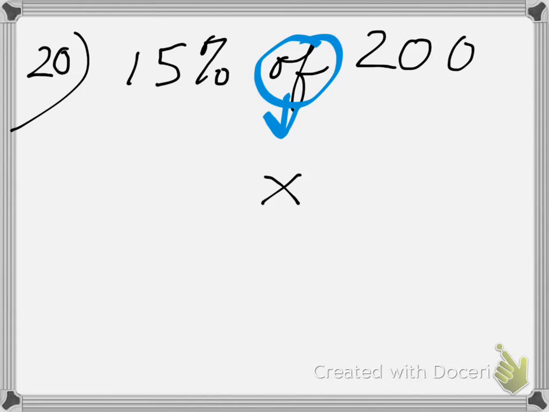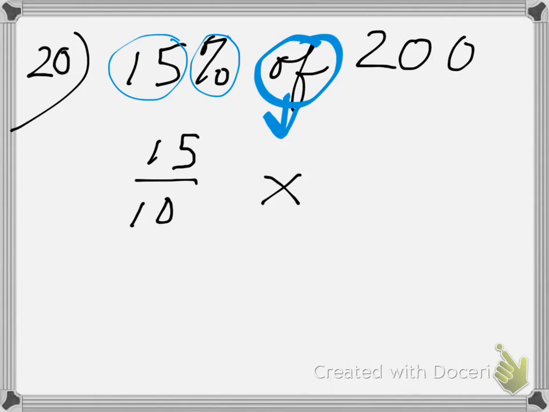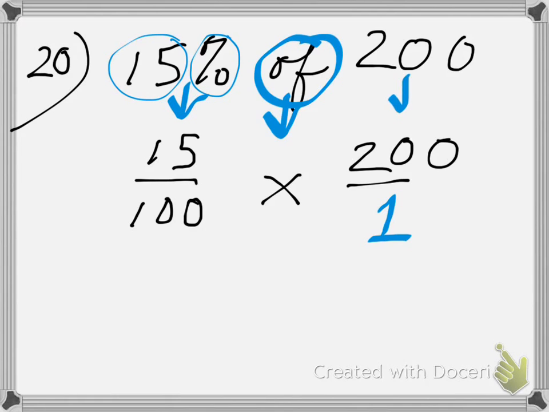And then here we know that 15% becomes 15 over 100. And then we're going to take 200, and another important concept this year is any number is that number over 1. So now we have 15 over 100 times 200 over 1. So we just brought everything down and made it part of our sentence right in order.